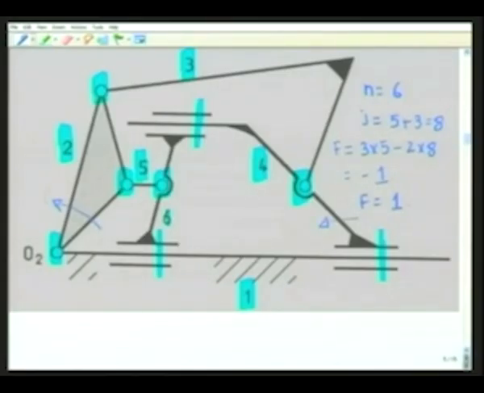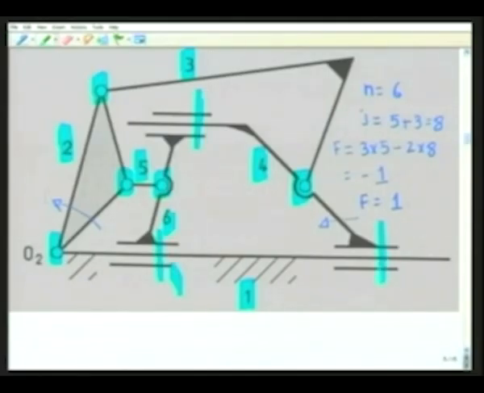Now, why is this calculation failing? This is because if we notice these 3 prismatic pairs, we should note that all of them are in the same direction. This prismatic pair is allowing horizontal translation between link number 1 and link number 6.